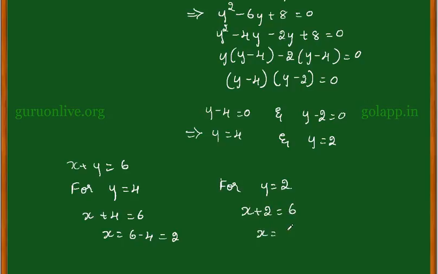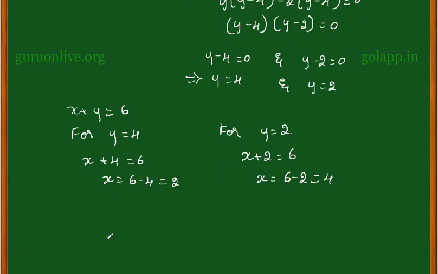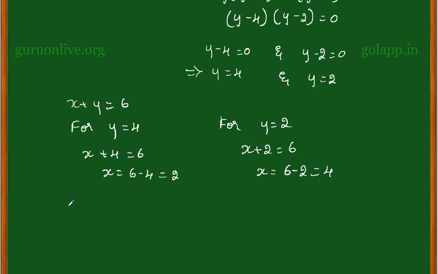I get x is equal to 6 minus 2, which is equal to 4. Therefore, when x is equal to 2, y will be 4, and when x is equal to 4, y will be equal to 2, and then the z value is 0.